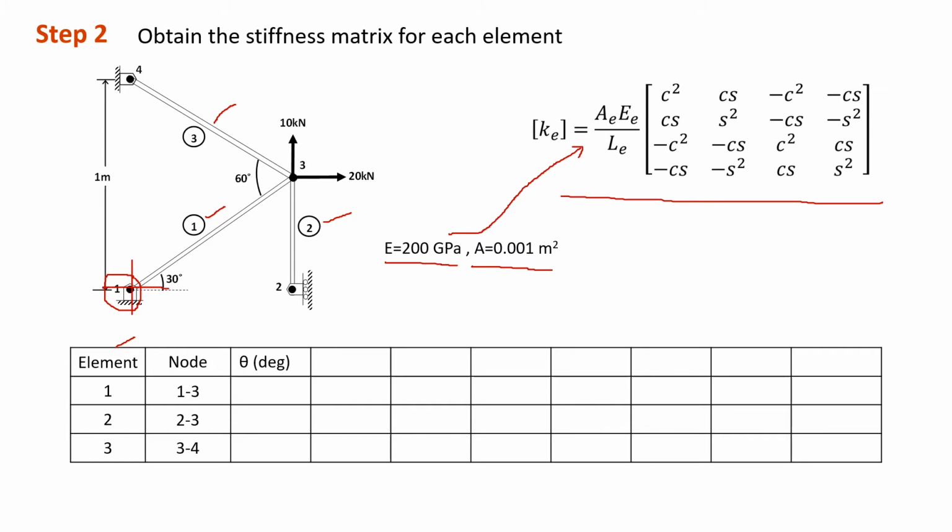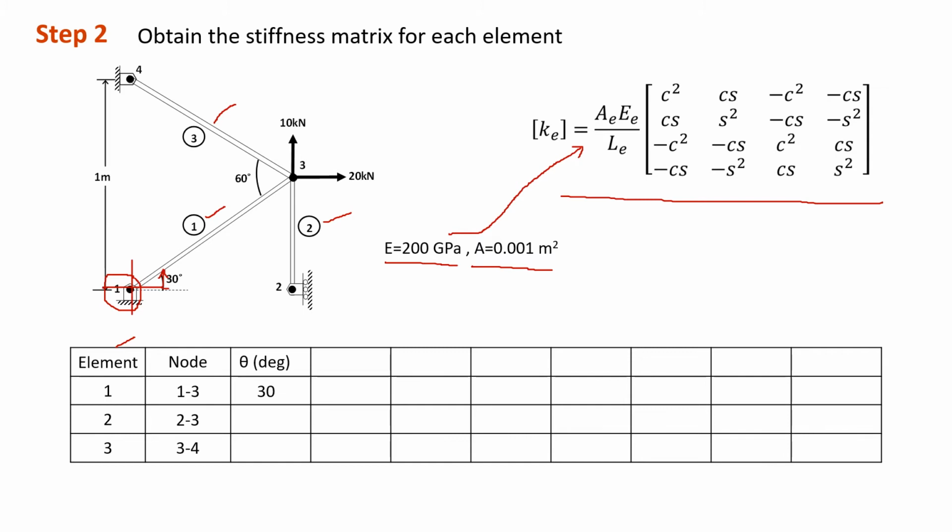And theta is defined from 0 degree until it meets the truss member here. For example, this is the truss member, element 1. So theta is defined from 0 degree until that member. In this case, theta is equal to 30 degree.